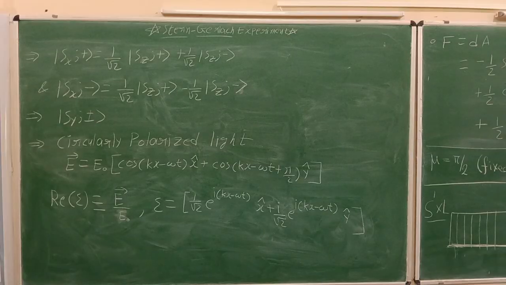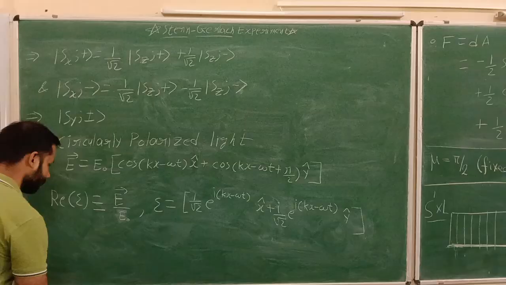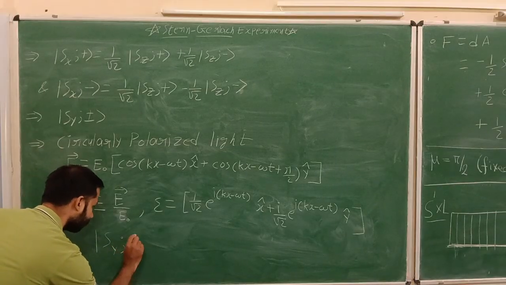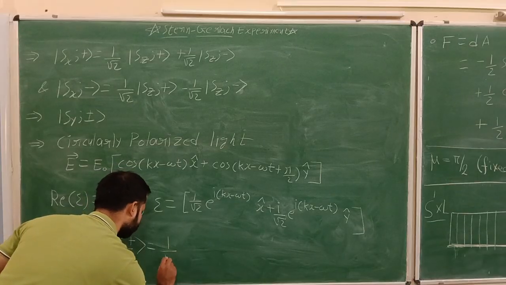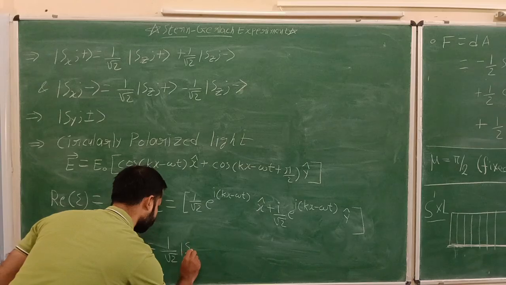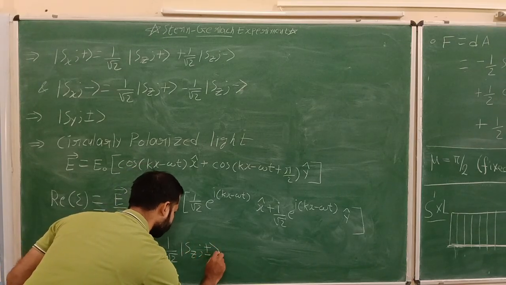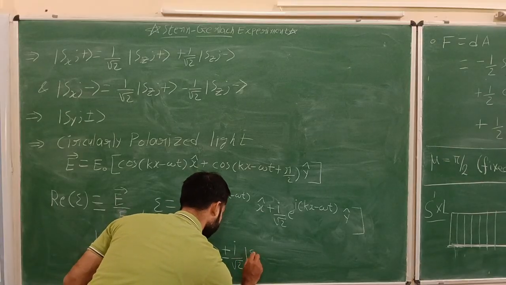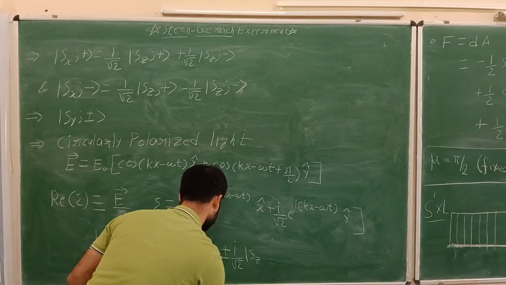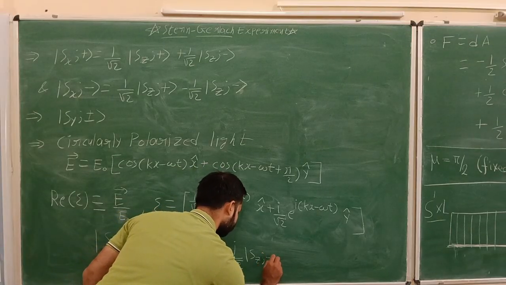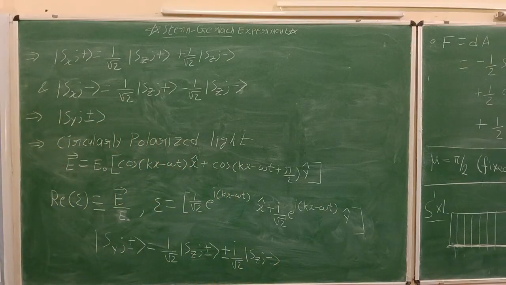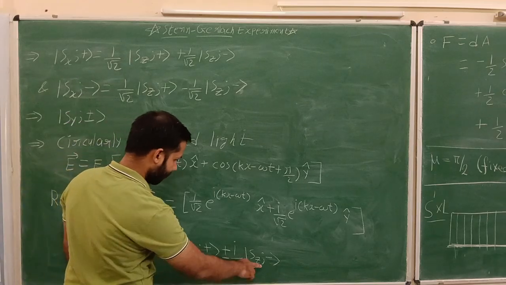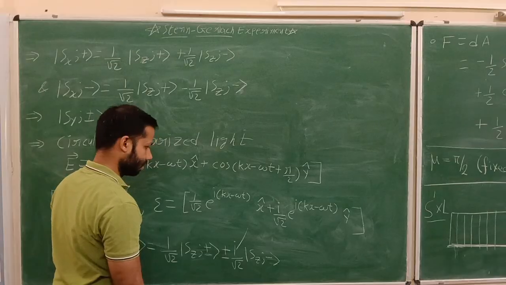So for the Y states, the linear combination of Sz plus and minus, but notice this vector is a complex vector.